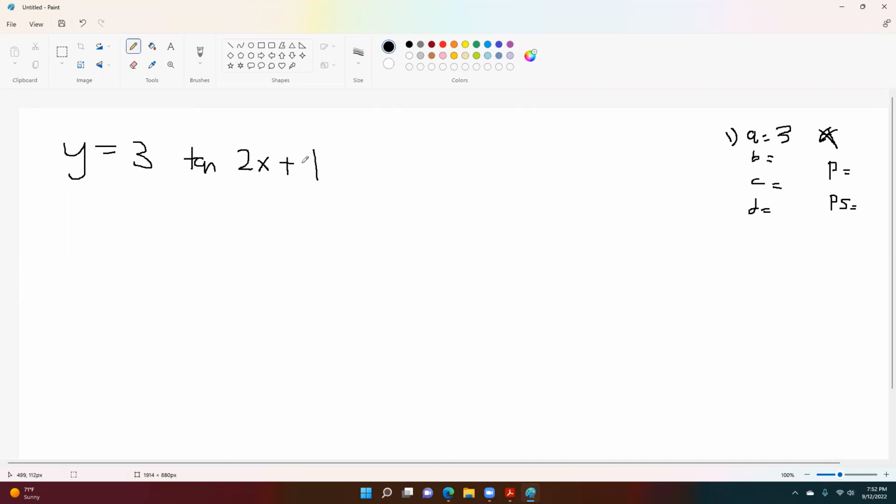B in this case is next to your x, which is 2. We don't have a C because C usually is inside a parenthesis. There's no parenthesis here. And D in this case is 1. So don't forget, this is plus 1. But if I put it in a parenthesis, then your C will be negative 1 here. We don't have parentheses here.